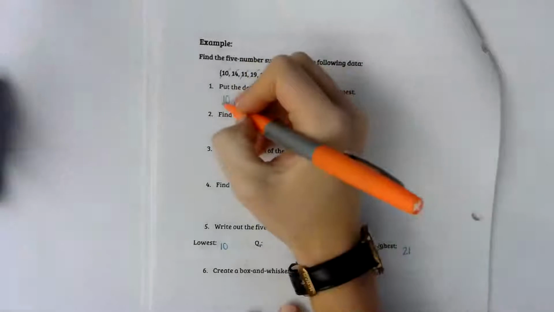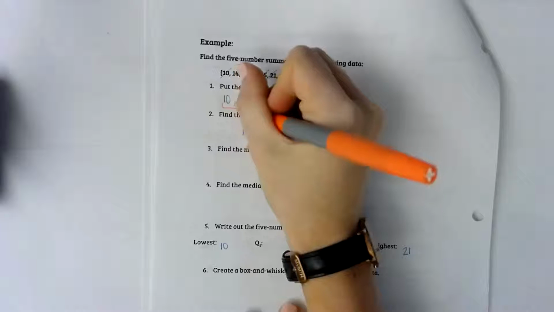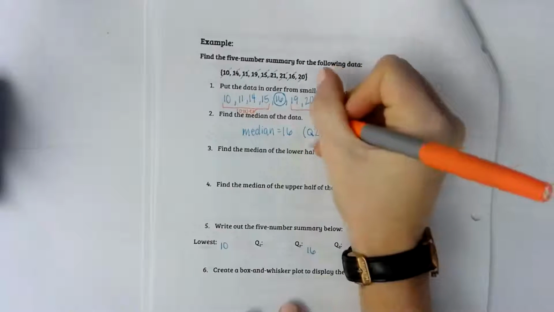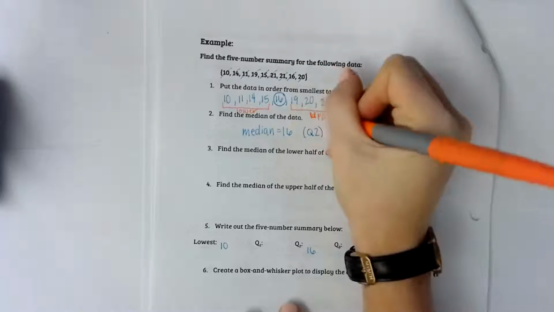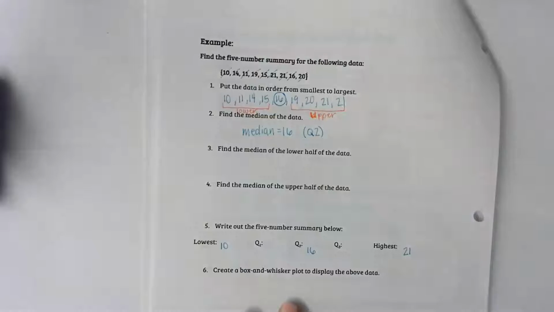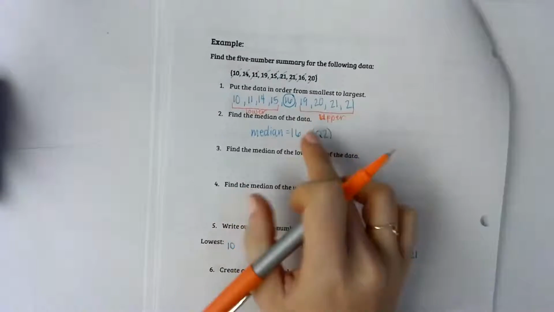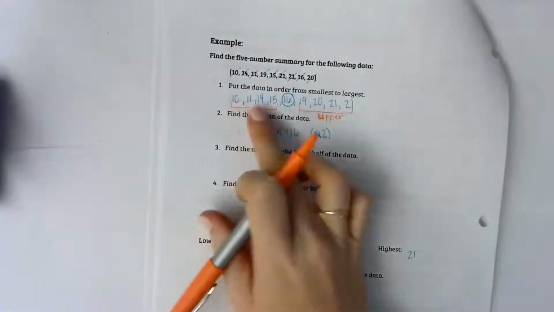Then this information right here is how you're going to find your lower quartile, and this one right here is your upper. Sorry, I almost said higher. Now we have to find the median of the lower and then the upper data. Now you can see how it works if you have an even number.